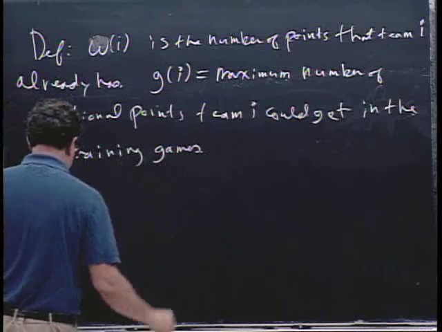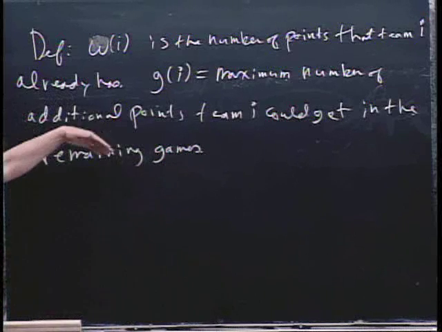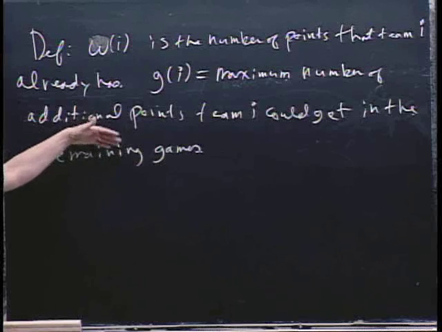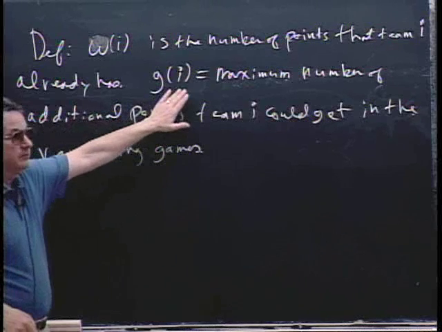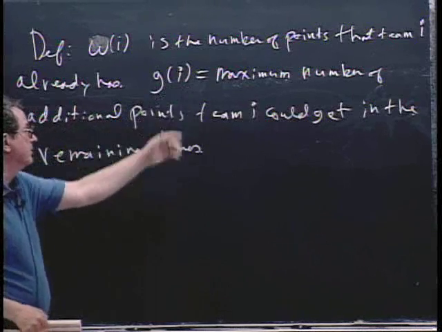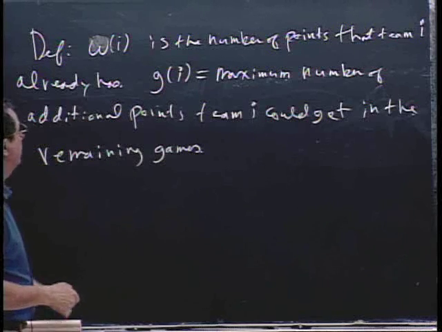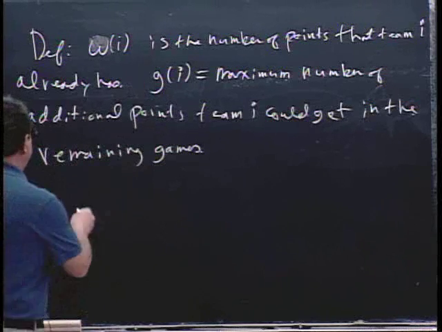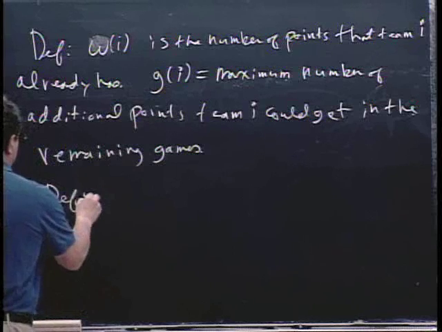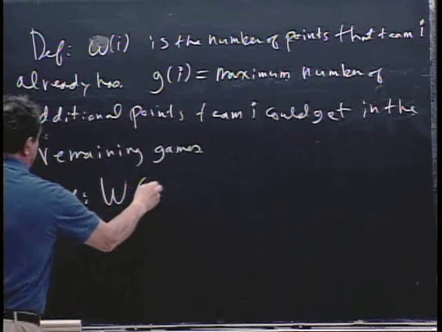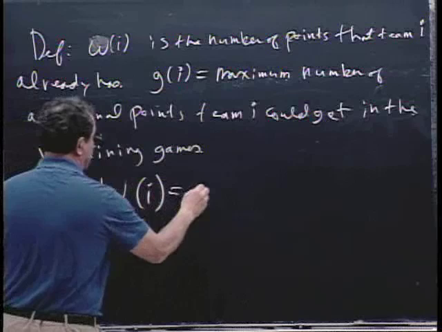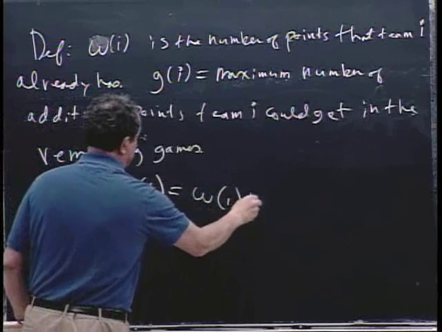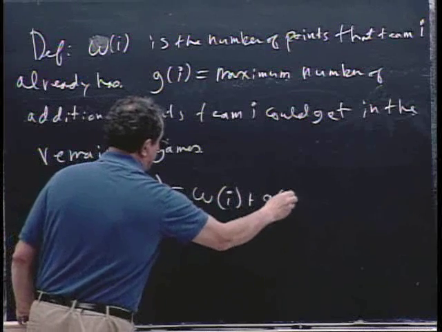So we're just saying, if the best thing possible happens to team i in all the remaining games, how many points would team i get? And that's g_i. And so therefore, we're going to define capital W_i equal to little w_i plus g_i.